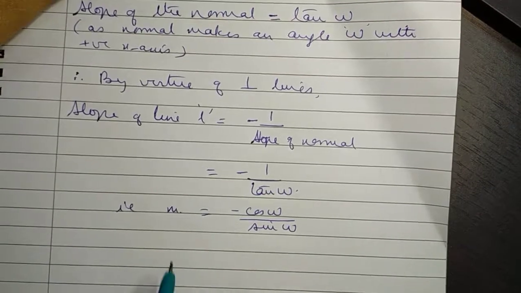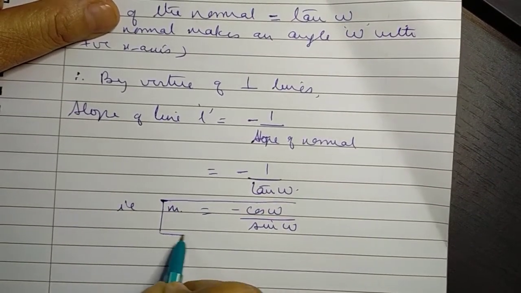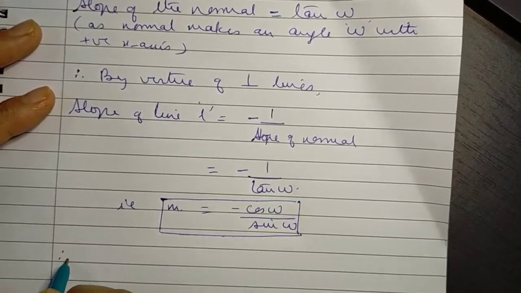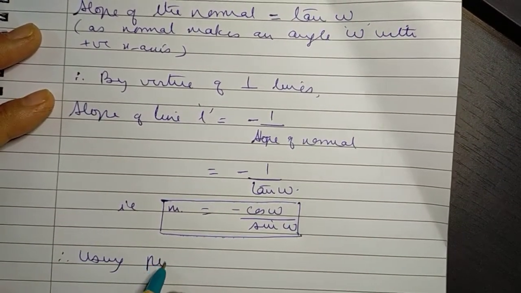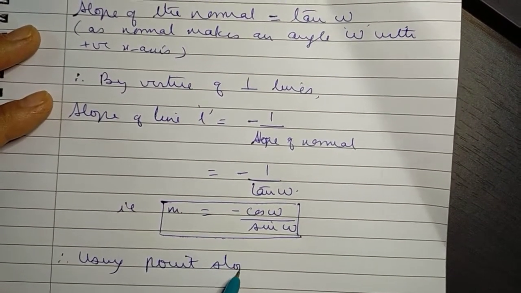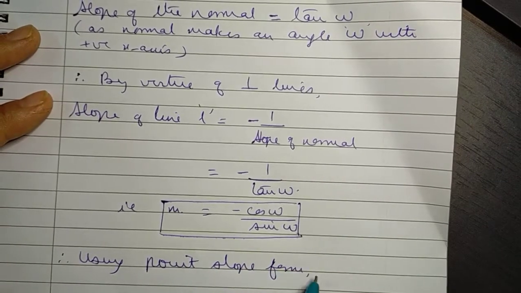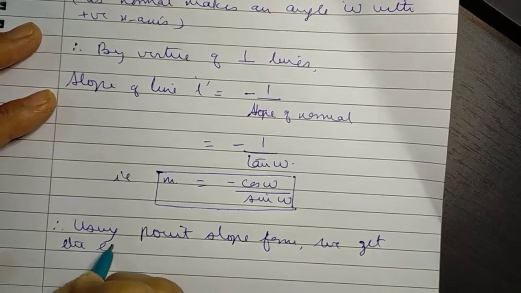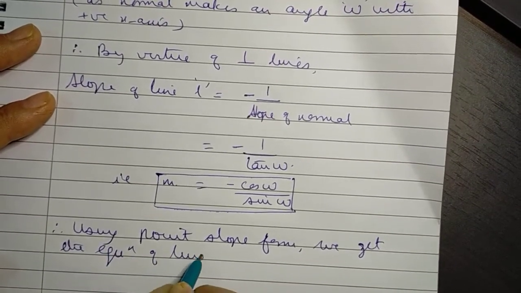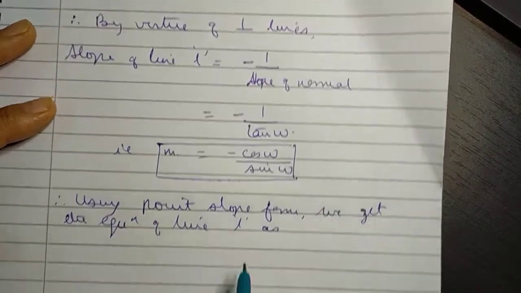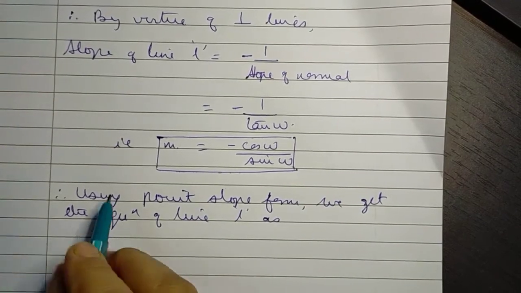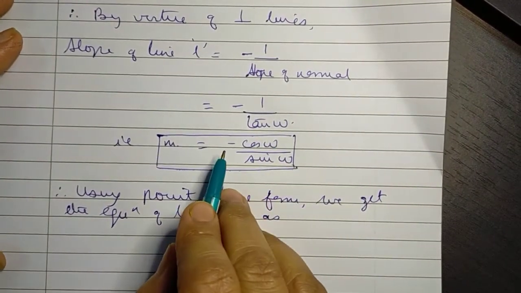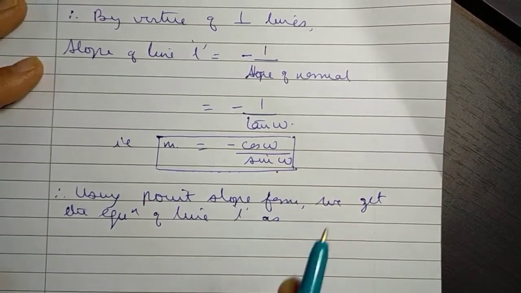So now we have the one point lying on the line and we have the slope of the line. So therefore, using point slope form, we get the equation of line L as, the point is P cos omega, P sin omega, and the slope is minus cos omega over sin omega.